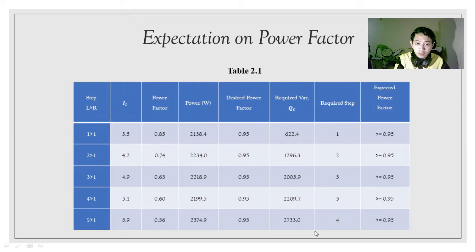So as our result, the expected power factor should be 0.95 or above, because the desired power factor is 0.95, which is our objective. So the expected power factor should be the same or more, and it cannot be less.